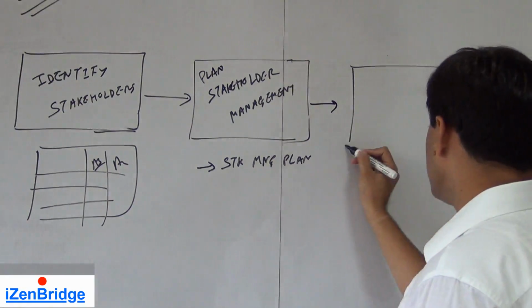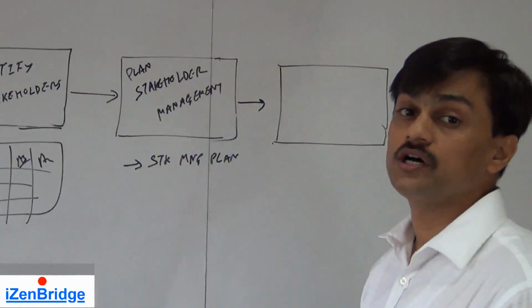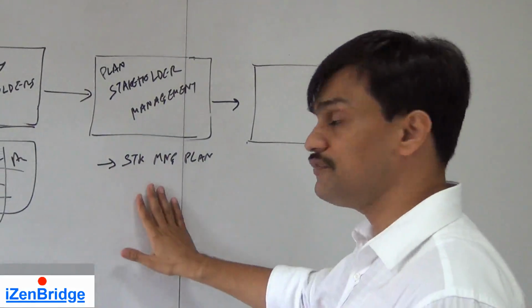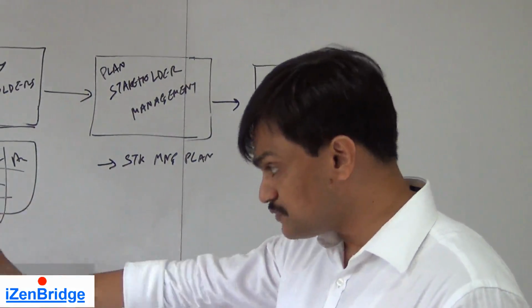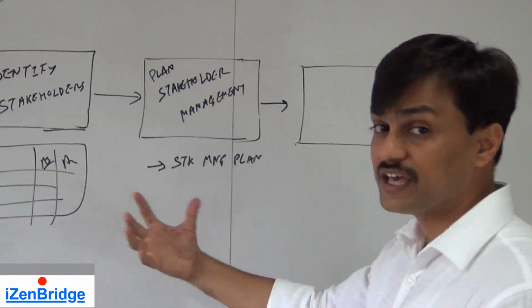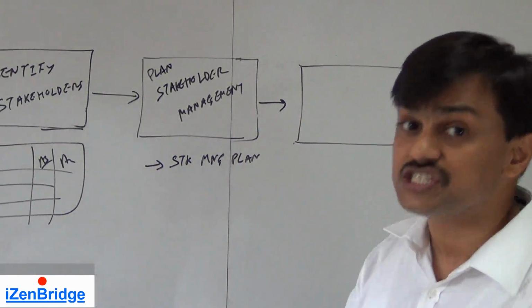Next is the process to manage stakeholder engagement. So once we are done with the planning, first we did an identification, then we did a planning of engaging those people, and then we need to engage them.